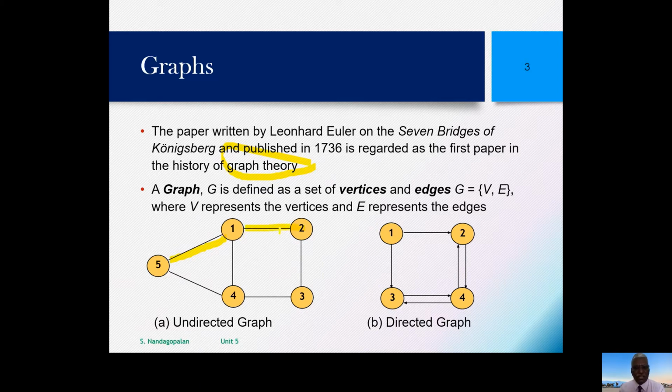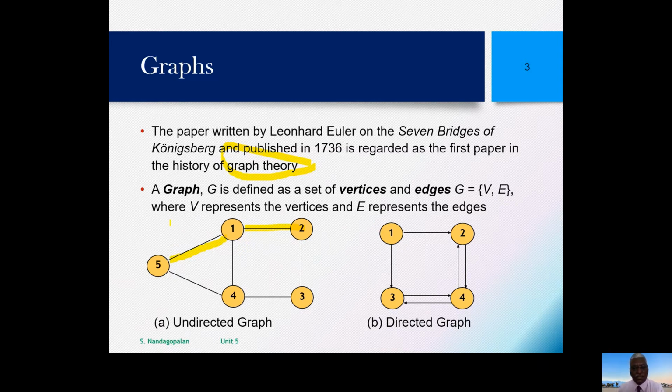So this edge is connected between 1 and 2, 1 and 3, or 1 and 3 there is no edge, sorry, 2 and 3. So it doesn't mean that every pair of vertices should be connected with edges. It's not mandatory, but we have different types of graphs, maybe connected, disconnected, directed, all that.